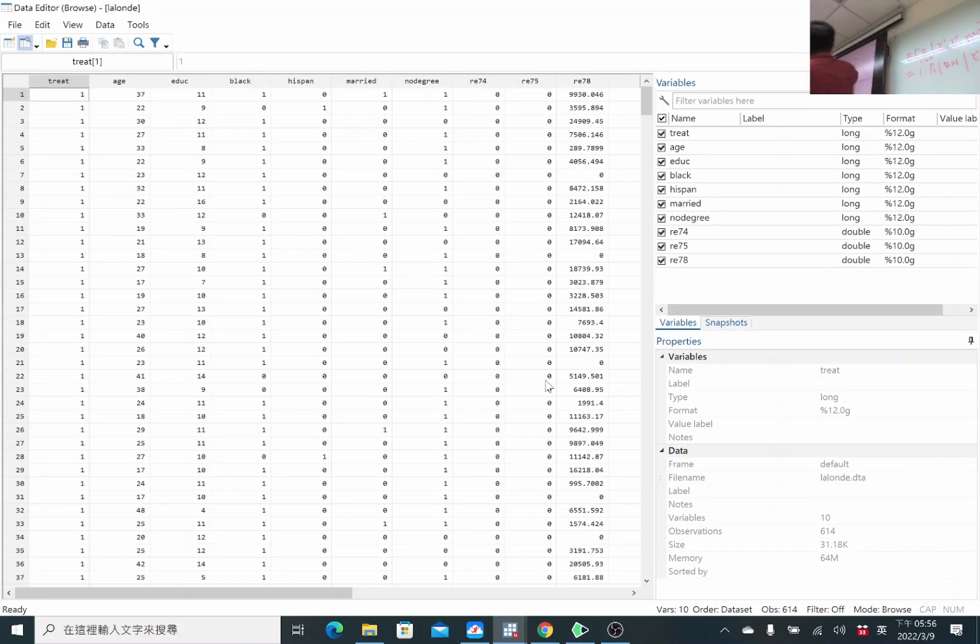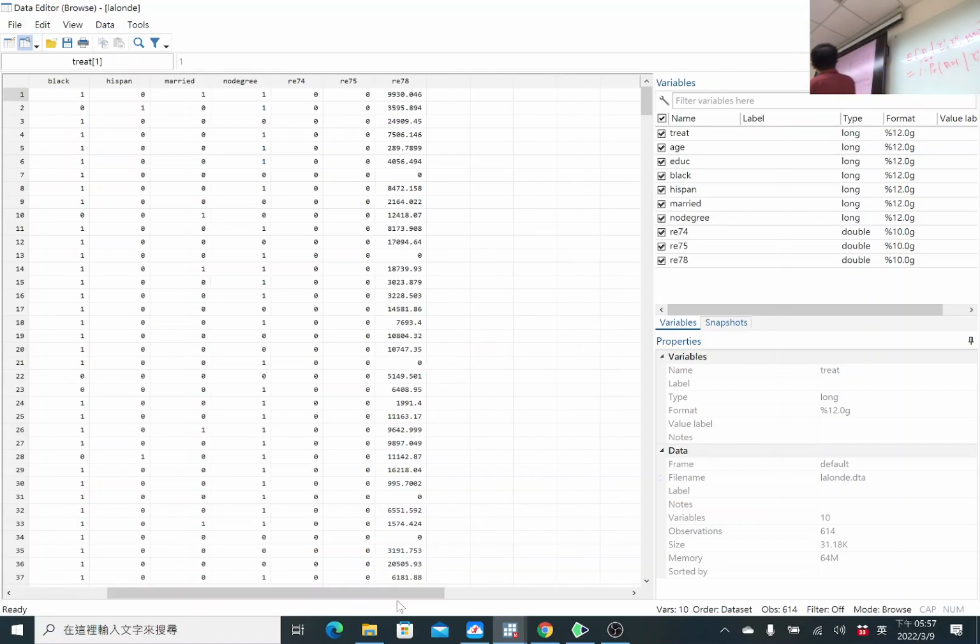The data set looks like this. This is the treatment group dummy: 1 means treatment group, 0 means control group. They have several characteristics: age, education, race, marital status, and earnings, 1974 earnings, 1975 earnings, 1978 earnings, something like this.